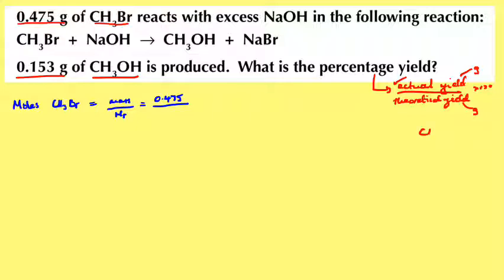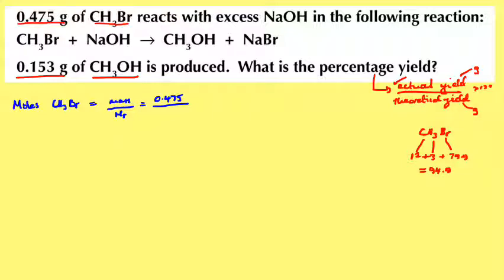Let's work out the MR over here in red. For CH3Br, carbon is 12, 3 hydrogens is 3, and bromine, looking at a periodic table, is 79.9. Adding those together, we get 94.9.